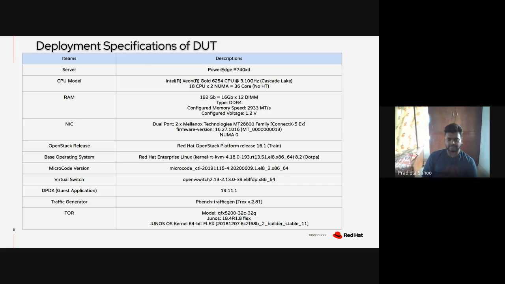The RAM is 192 GB, OpenStack is 16.1, whose upstream release is Train, and the base operating system is the real-time 8.2 kernel. These are the reference details of the virtual switch, DPDK, and traffic generator.